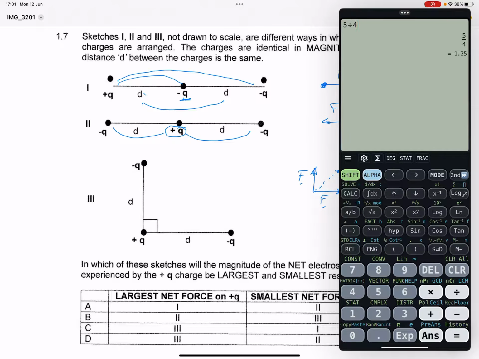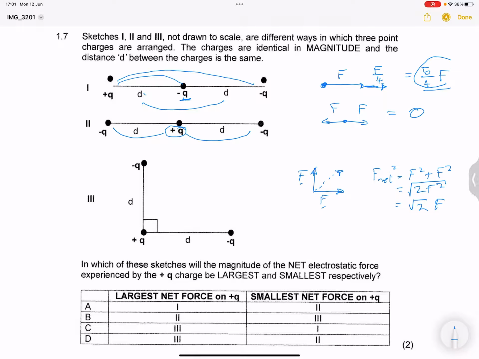So remember, root 2 is 1.4 and this one is 1.25. So definitely this is a greater force.